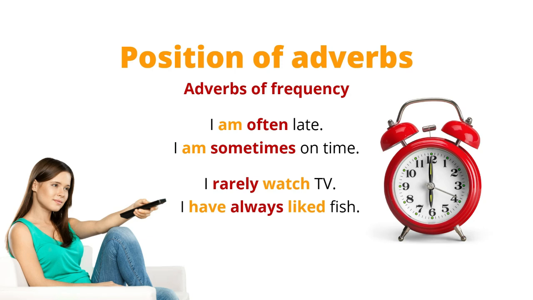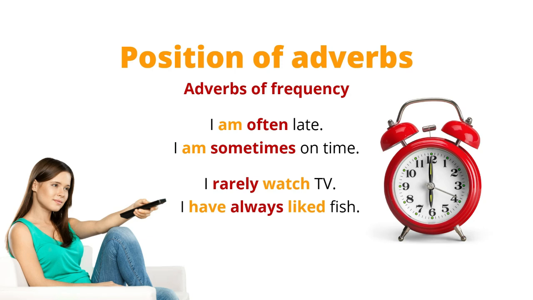Now, the thing you have to notice with the position of adverbs of frequency, when we have the verb to be, the adverb comes after. I am often. I am sometimes. With other verbs, the adverb goes in front of the verb, or more accurately, in front of the main verb.